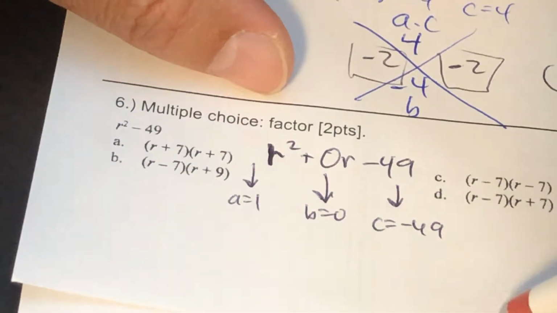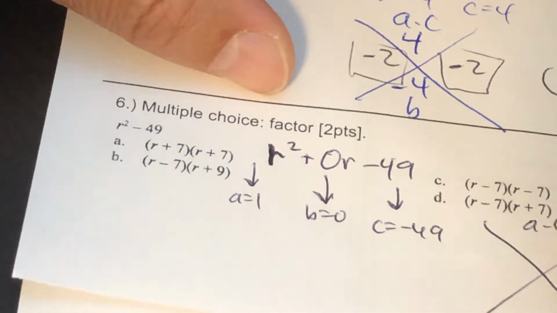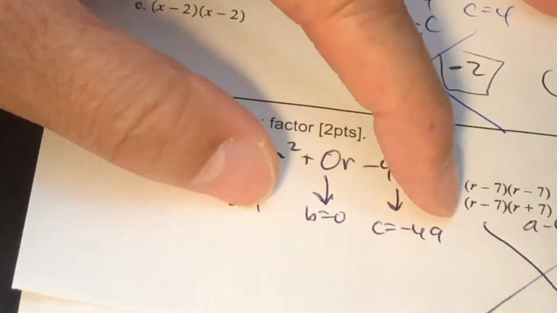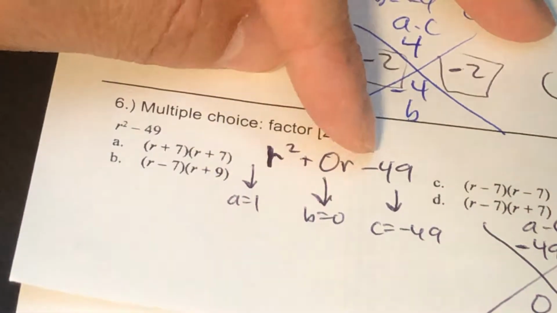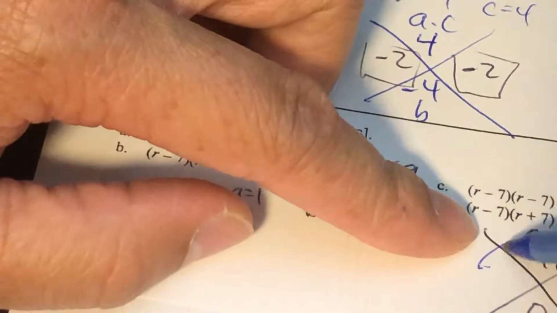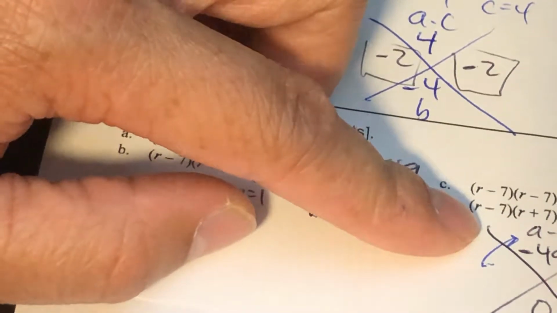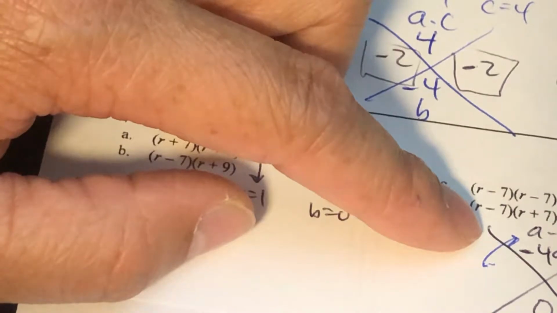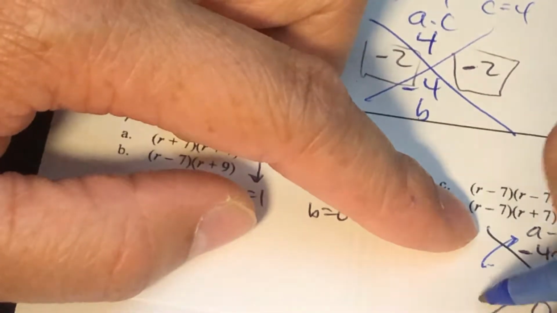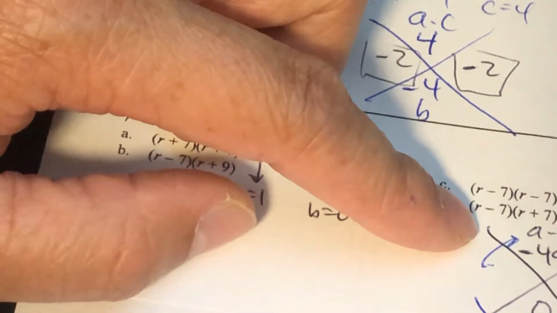And you can put it into your x, A times C, and a B value. A times C is negative 49. My B value is 0. Two numbers that multiply to be negative 49. So hopefully you added that to your formula sheet. And then down here, those same two numbers will add, or their sum is 0.